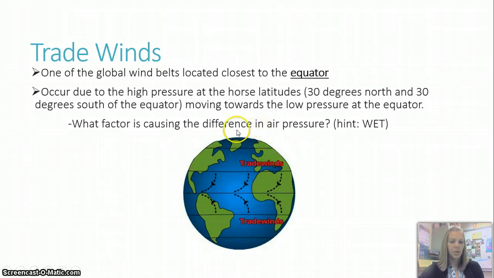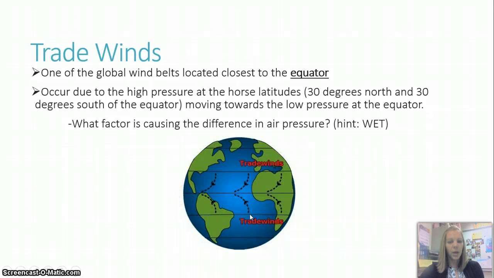Remember that the Earth is spinning counterclockwise, and therefore when the winds start to blow in the region of the higher air pressure, which is closer to the 30 degrees north compared to the lower air pressure at the equator, or it could be at the 30 degrees south compared to the lower pressure at the equator.